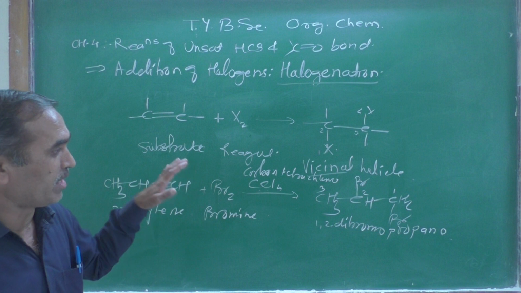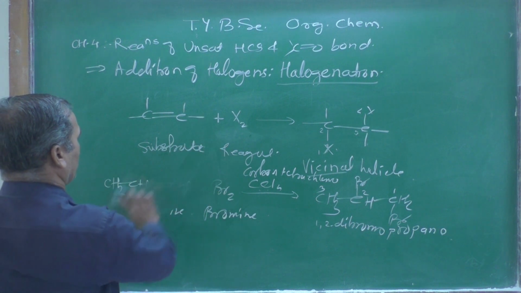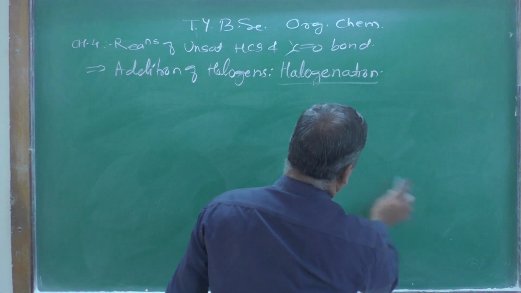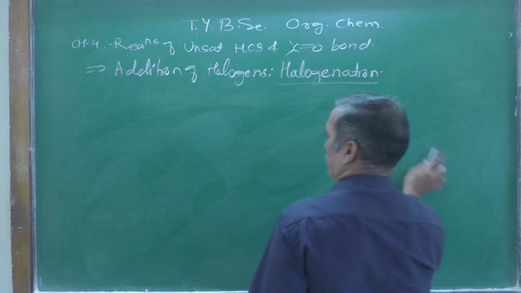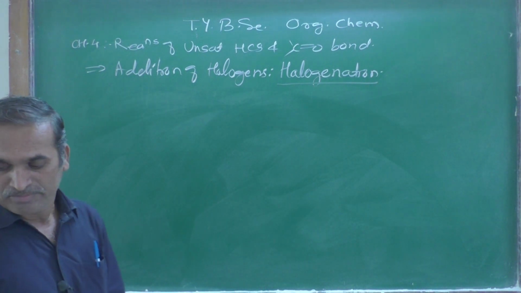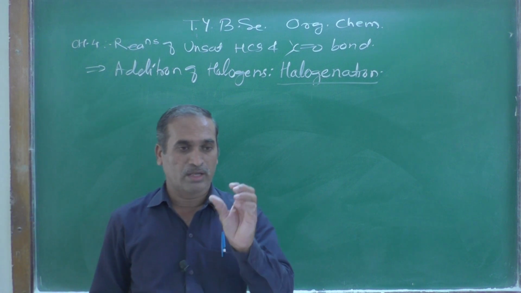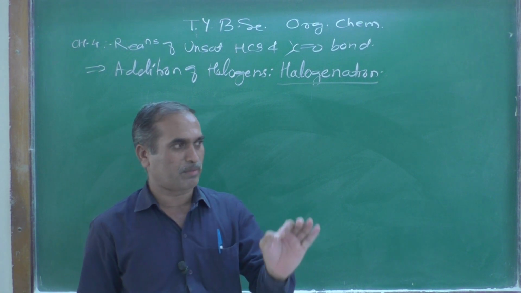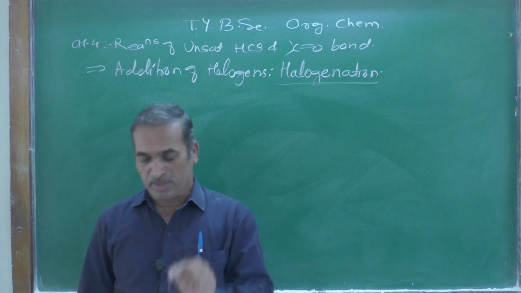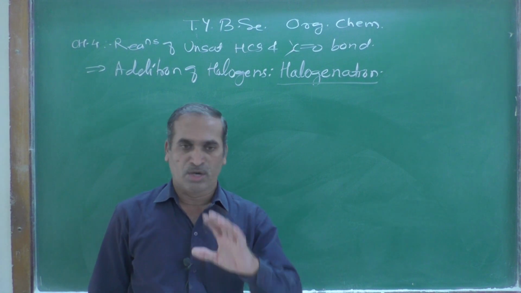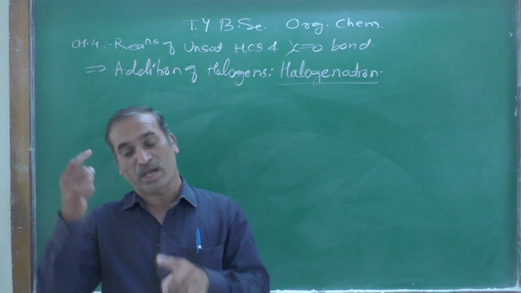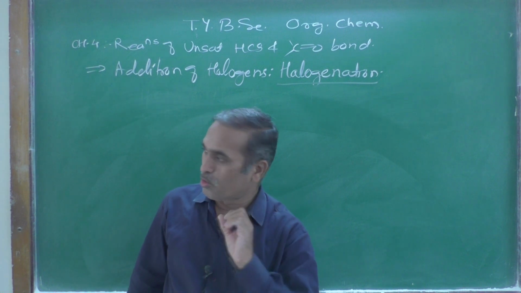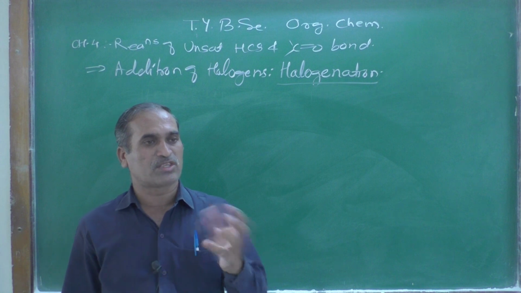Now let us look at the mechanism: what kind of mechanism is involved in this reaction, and how do we get this product? In the laboratory, while performing qualitative analysis, you perform the Baeyer test with potassium permanganate, which is pink in color, and the bromine test. Bromine is brown in color.